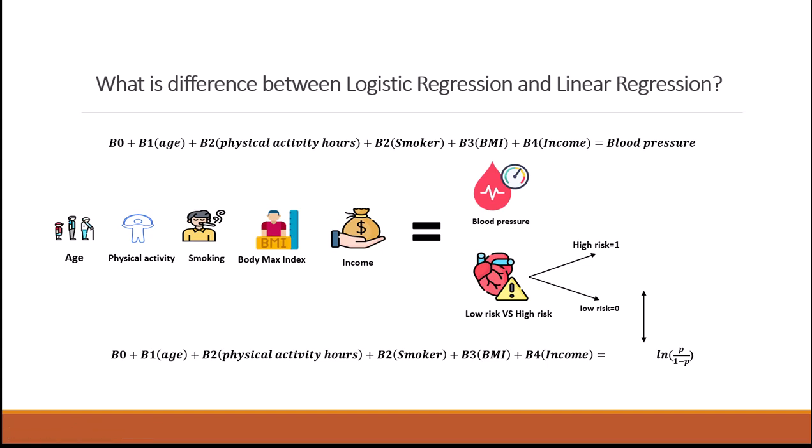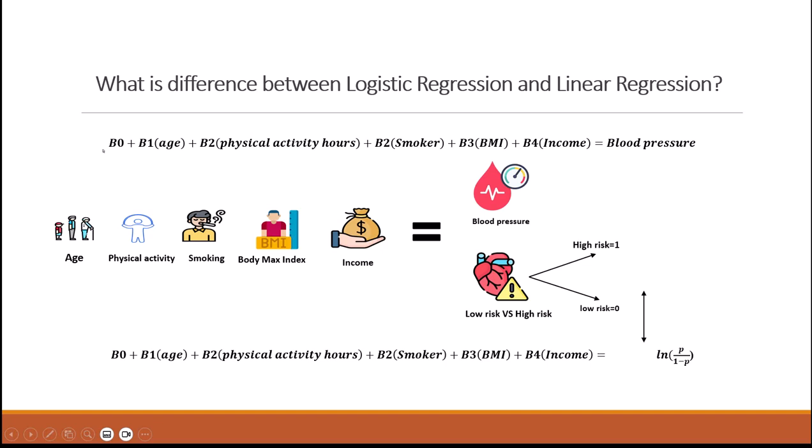If I want to elaborate on the difference, consider that we want to predict the blood pressure of patients, or whether they are categorized as low risk or high risk cardiovascular patients, according to some specific predictors, such as their age, the hours of their physical activities, whether they are smokers or not, their body mass index, and their income.